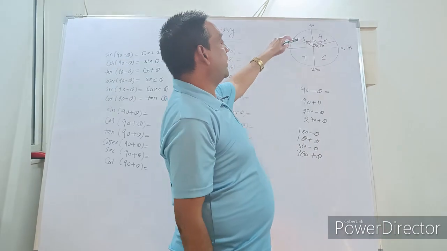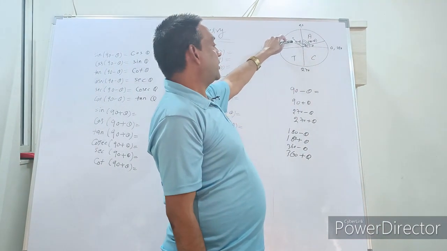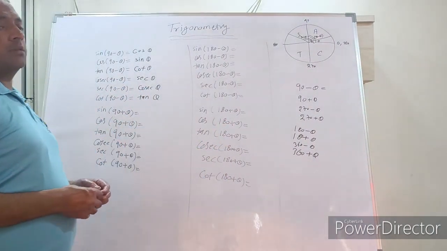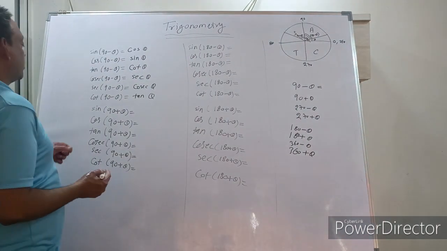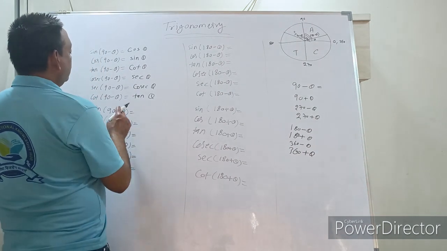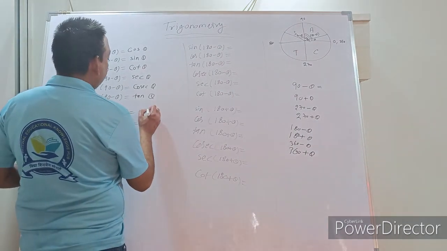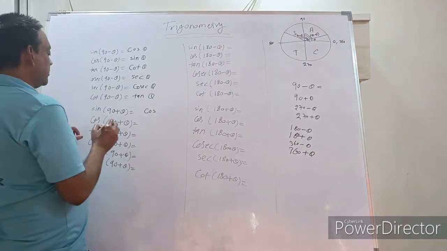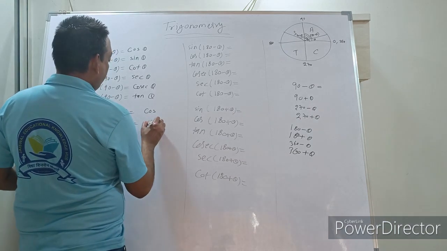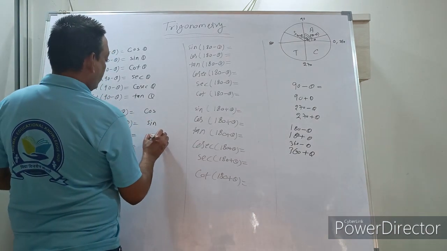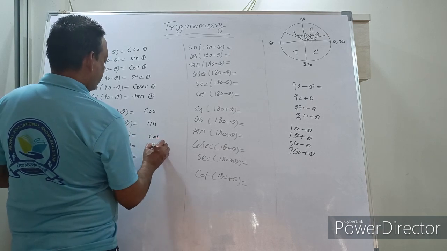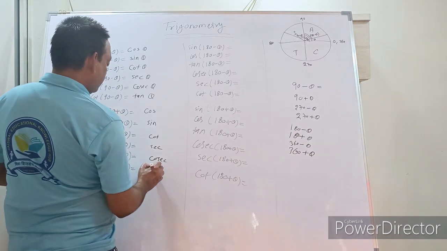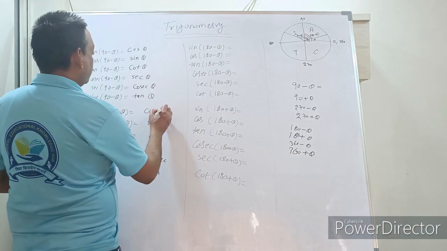Again this will be an odd multiple of 90 degrees, so sine becomes cos, cos becomes sine. Clear? So sine of 90 plus theta becomes cos. Cos becomes sine, tan becomes cot, cosec becomes sec, sec becomes cosec, cot becomes tan, and this is theta.